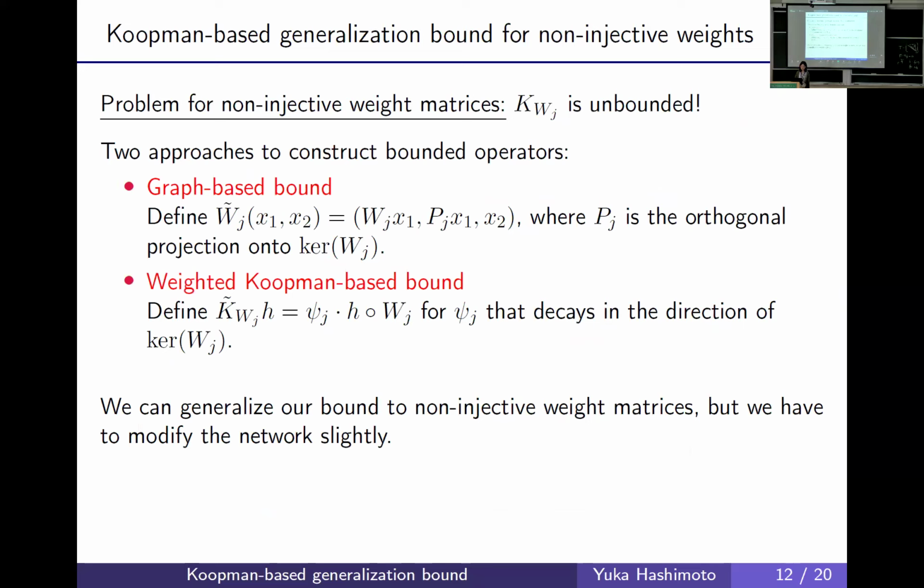For this purpose, we have two approaches. The one is the graph-based one, and the second one is the weighted Koopman-based one. And as we will see, if we modify the neural network slightly, then we can apply these approaches, and we can get a similar bound for the neural network with injective weight matrices.